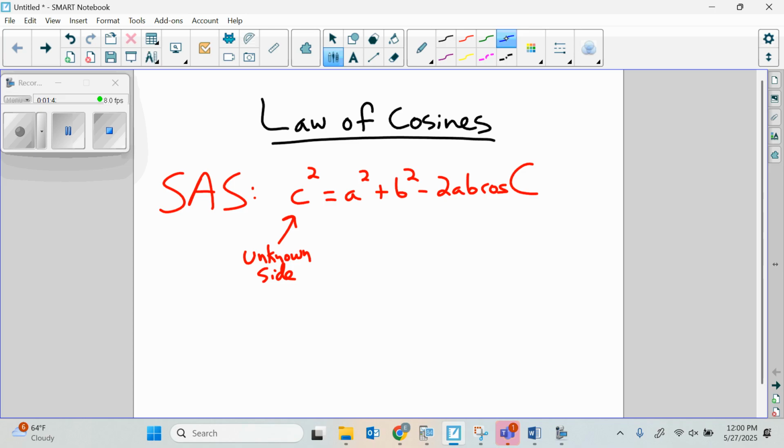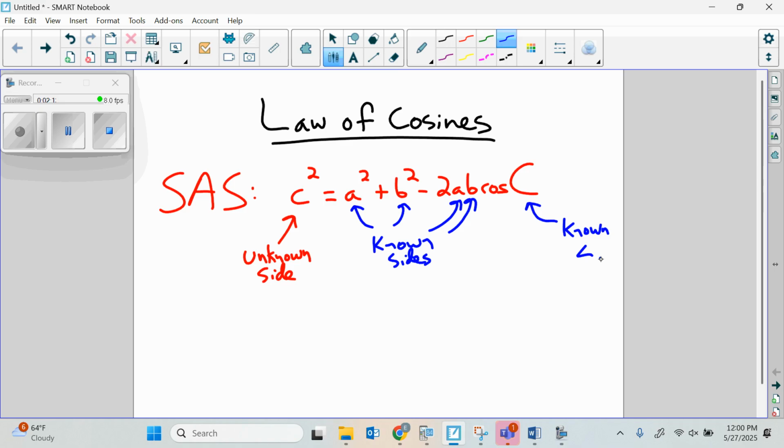Little a and little b are the known sides. And capital C is the known angle. So we'll use that every time we have an SAS setup to find that third side that we don't know.